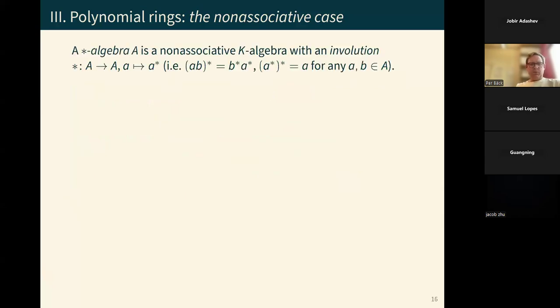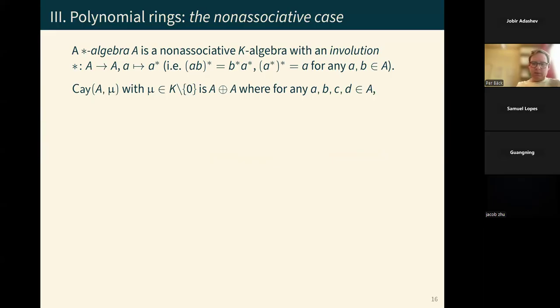Okay, so let me now get to star algebras. For me, a star algebra is a non-associative K-algebra with an involution, so an anti-automorphism of order 2. And the Cayley-Dickson double of a star algebra gives you a new star algebra of twice the dimension of the one you started with.